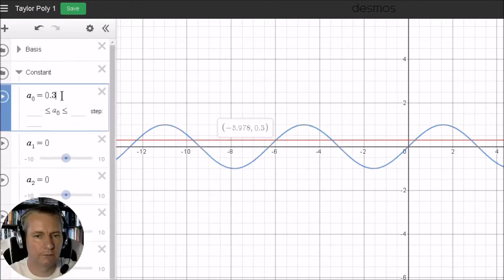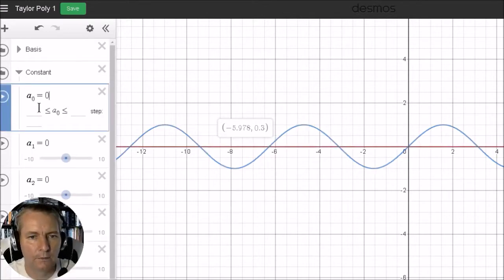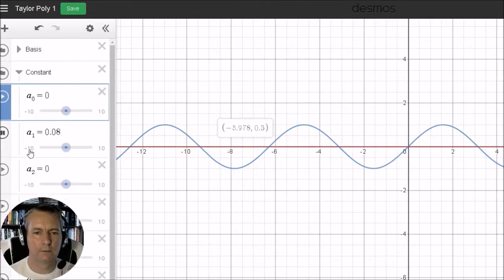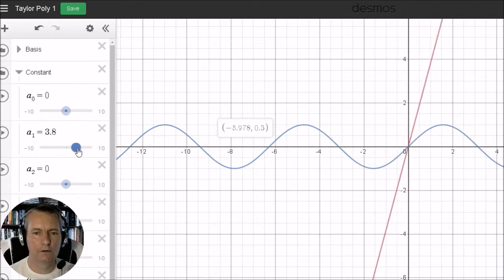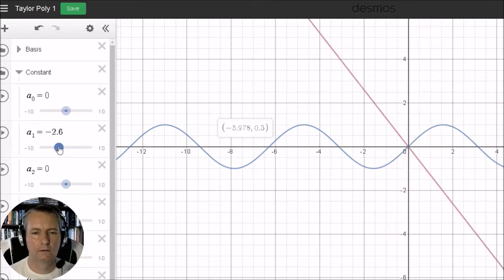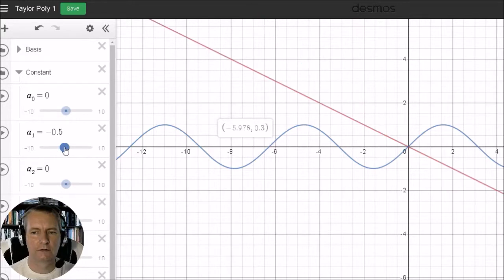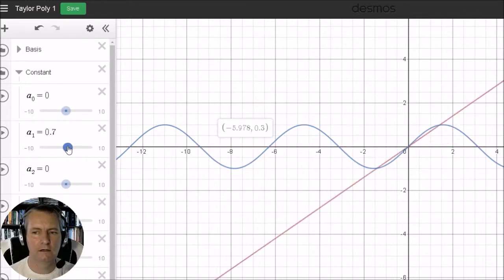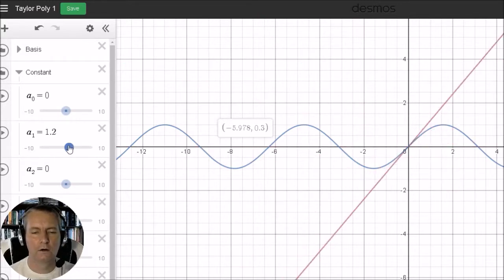So let's say we take this back off again, set that back to 0, and go and have a look at the value for our a1. So there we would have our value for a1, and you can see that a1x is simply a line passing through the origin. If you remember from high school, you might have an equation of a line y equals mx plus c.